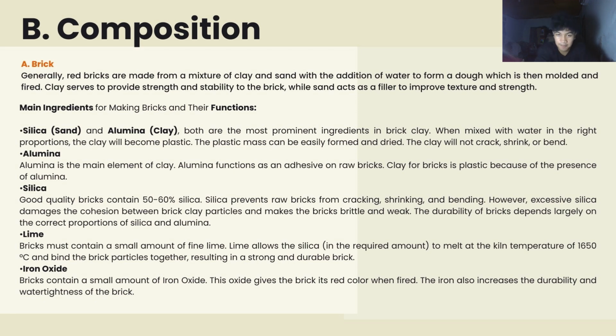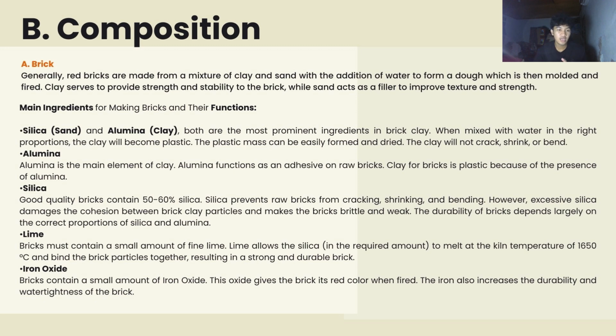And next is lime. Brick must contain a small amount of fine lime. Lime allows the silica in the required amount to melt at the kiln temperature of 1615 degrees Celsius and bind the brick particles together, resulting in a strong and durable brick.